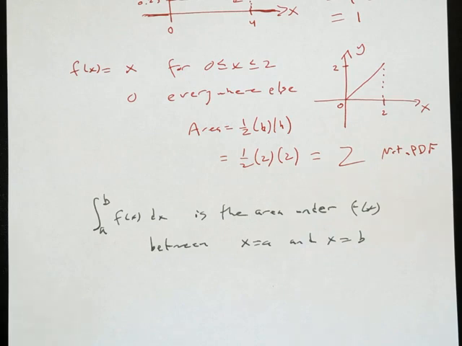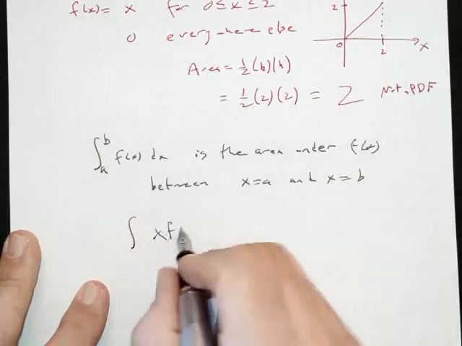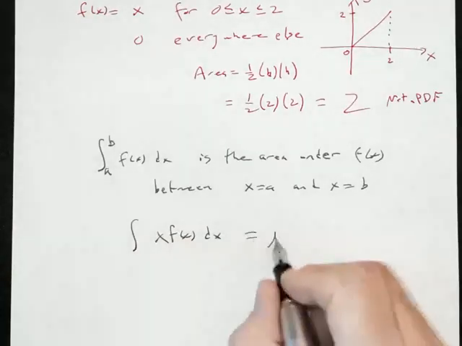We had 2 formulas, a formula for average and a formula for standard deviation. And the formula for average took all of my probabilities and multiplied them by x, didn't it? It multiplied each one by its value. Well, if I stick an extra x in there, that's how I get a mean.